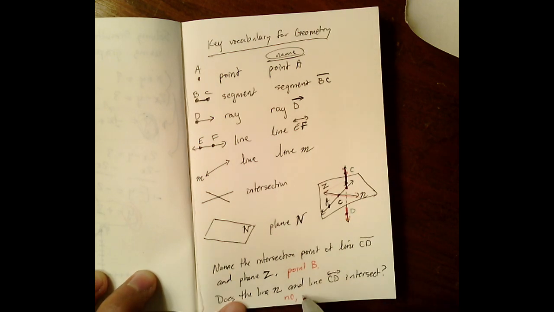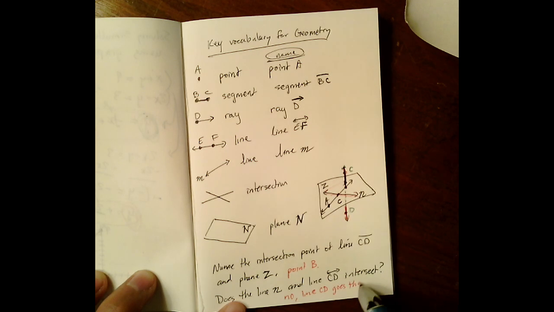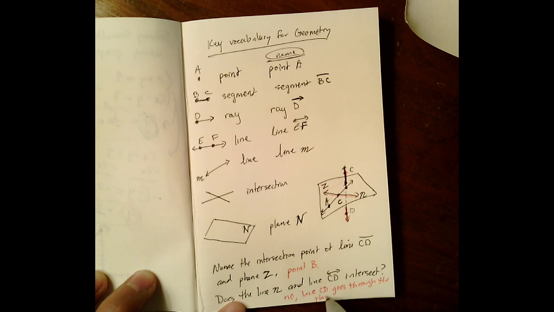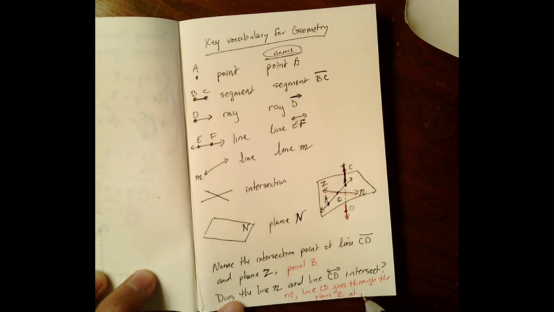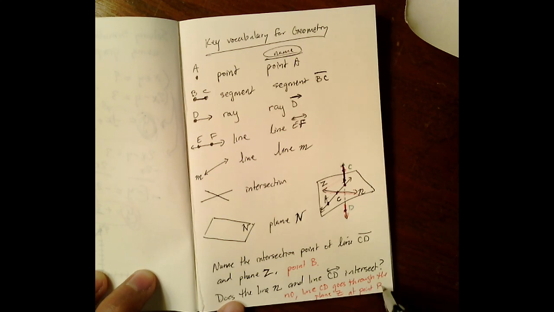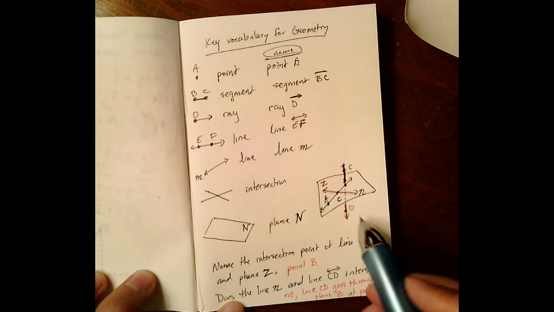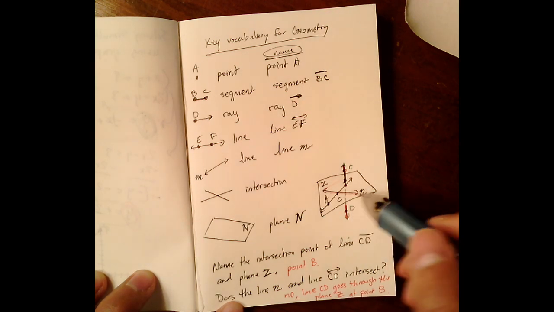So no, line CD goes through plane Z, and line N is on the plane. And we could even say it goes through plane Z at point B, right? So from the example above, it goes through point B, so it never touches that line N.